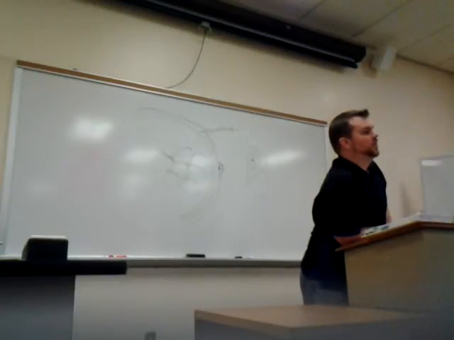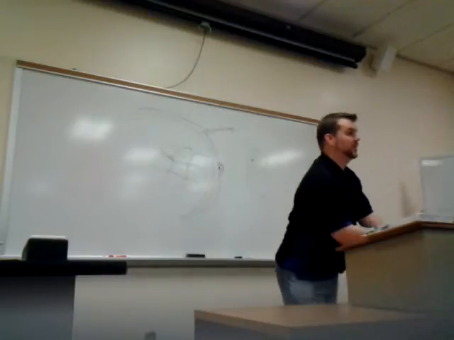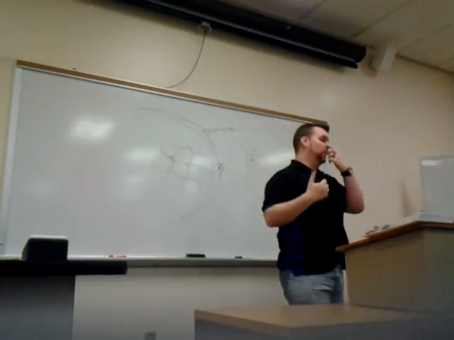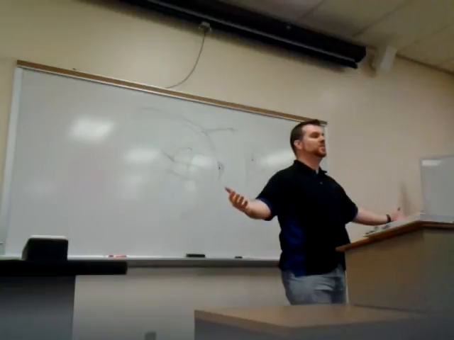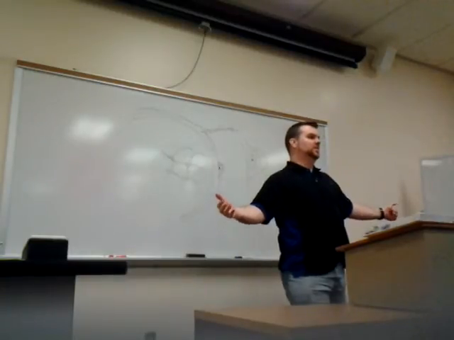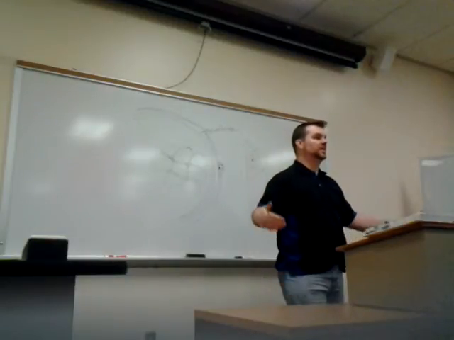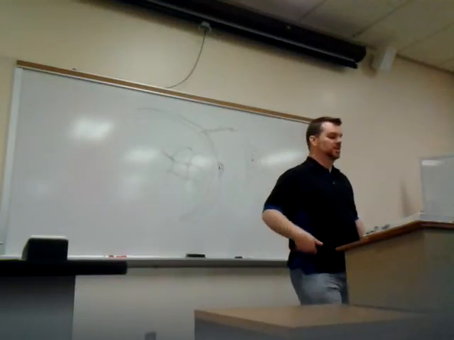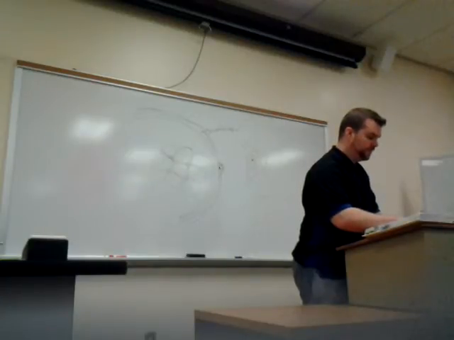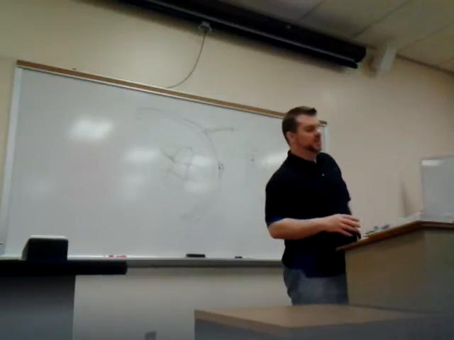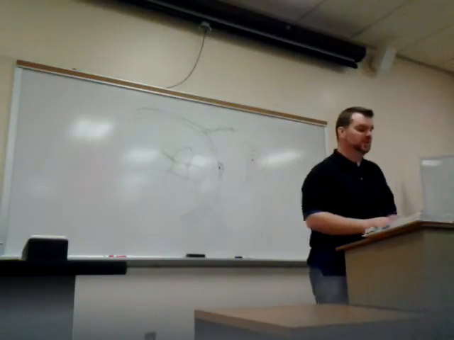The appendicular is everything else. So your extremities and the bones that help connect your extremities to the core. Okay, so for your arms, what other bones are there? Clavicle and scapula. For your legs, you have the pelvic girdle. Very good. Okay, so be able to tell the difference between an appendicular and an axial skeleton.